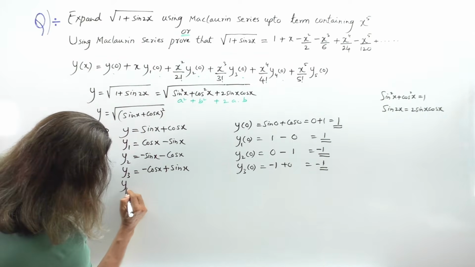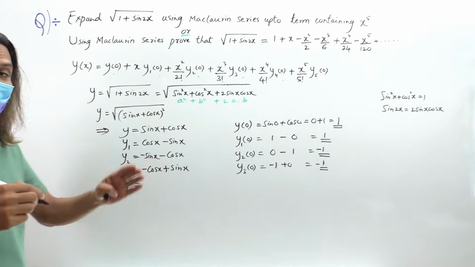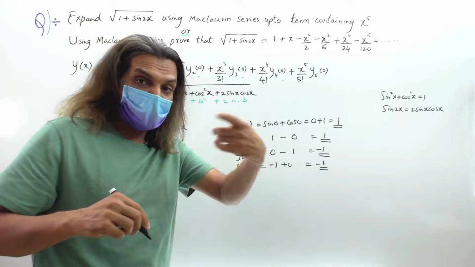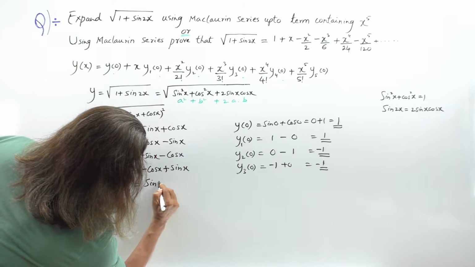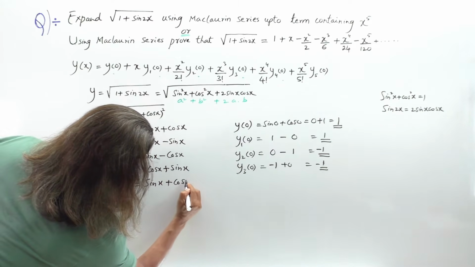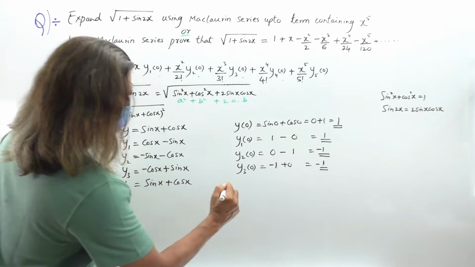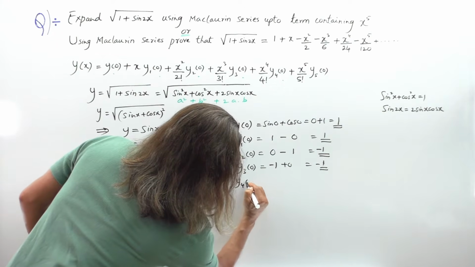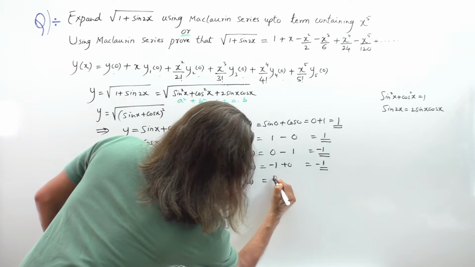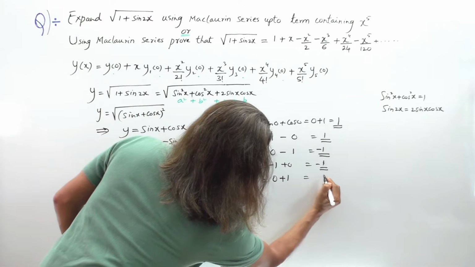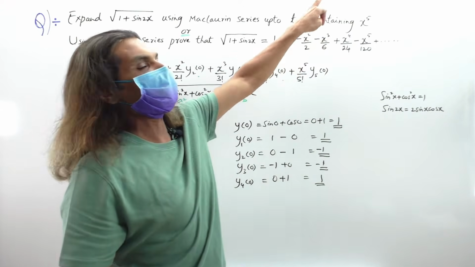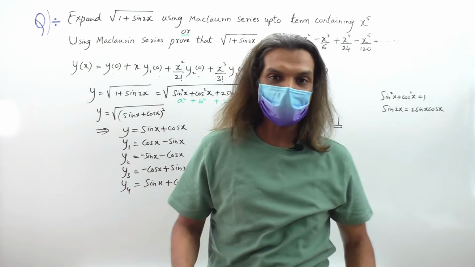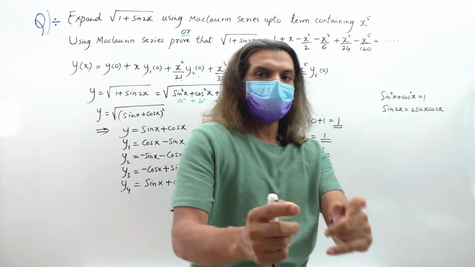Now, the next one is y4. So, what is y4? Again the differential of minus cos x is plus sin x, then minus into minus becomes plus, plus sin x gives cos x. Therefore, y4 of 0 is equal to 0 plus 1, that is 1. And lastly, since they are asked to find only up to the x to 5 terms, y5 will be the last differentiation here.